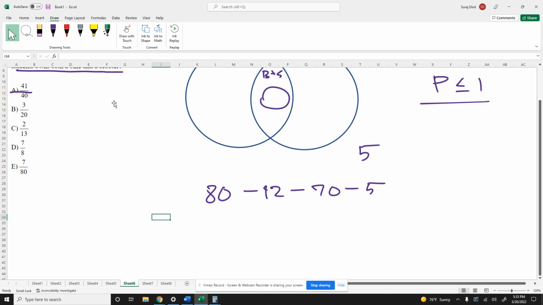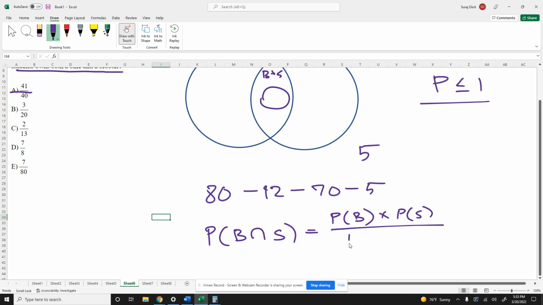Isn't there an equation for that? Right. Remember, this was the expression. The overlapping was the upside down U. I think this was the equation, I believe.